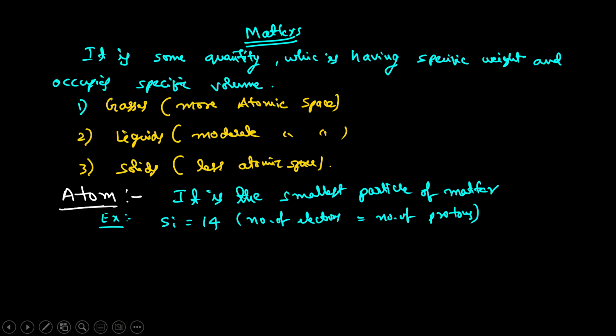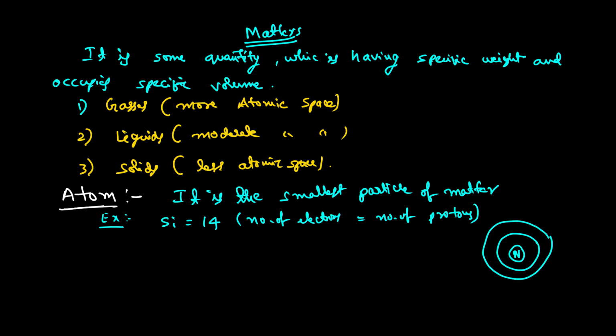And the arrangement of the atom structure is defined like this. It has one nucleus, and electrons revolve in orbits like this. In the first orbit only 2 electrons are there, and in the second orbit a total of 8 electrons are filled, like this.